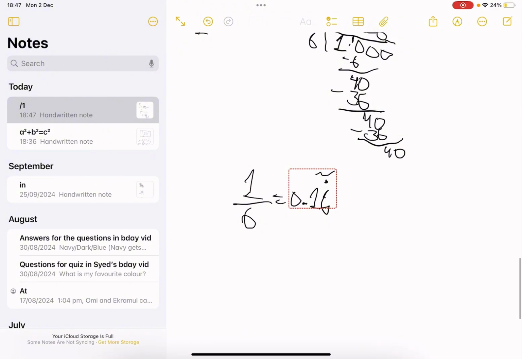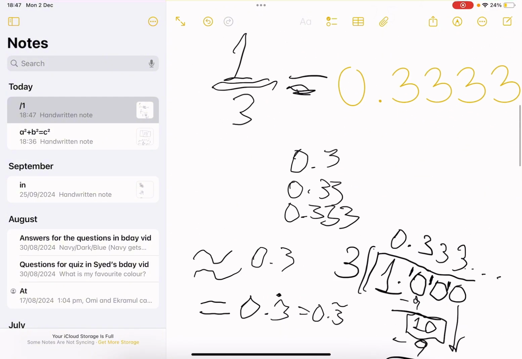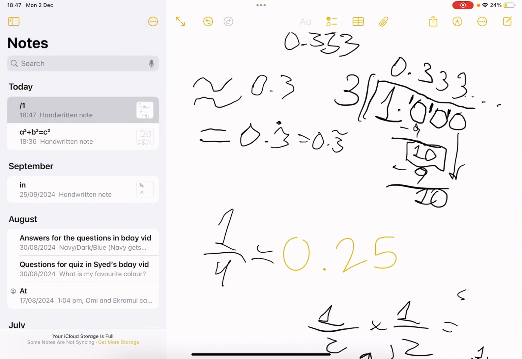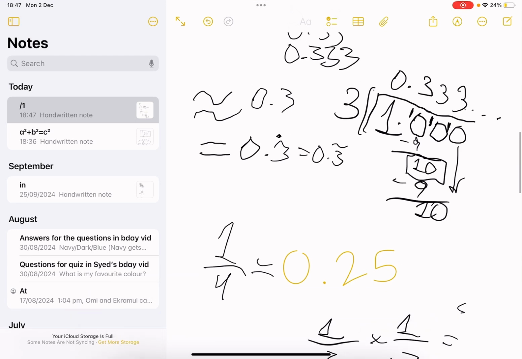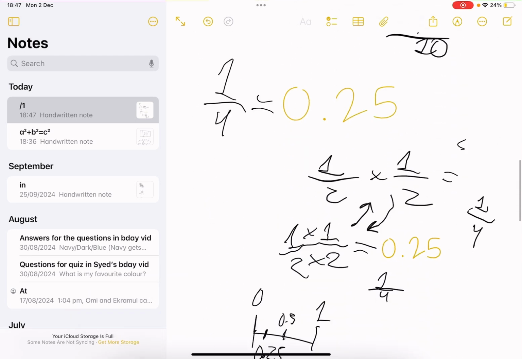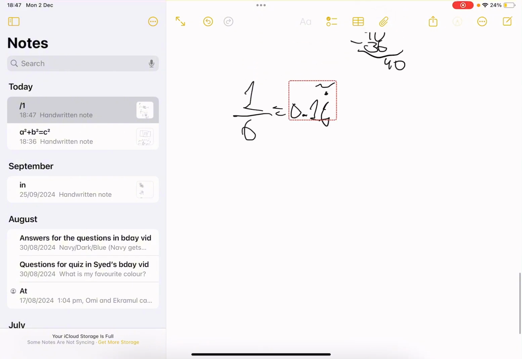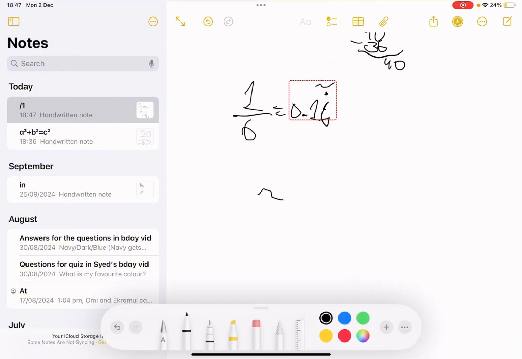But remember how I showed you for 1/3, you can also round it, which is why we have this wiggly looking equal sign. That's basically what that means. So if you round it, you could get 0.2, or you can also get 0.17.